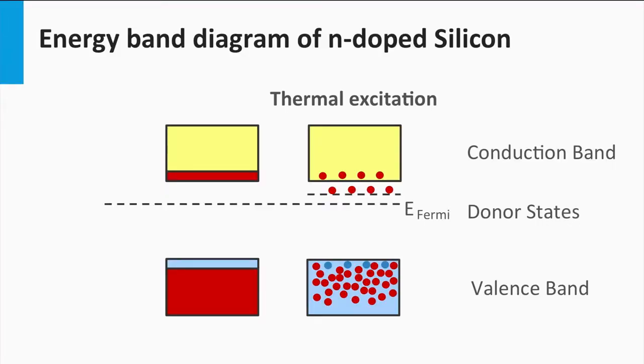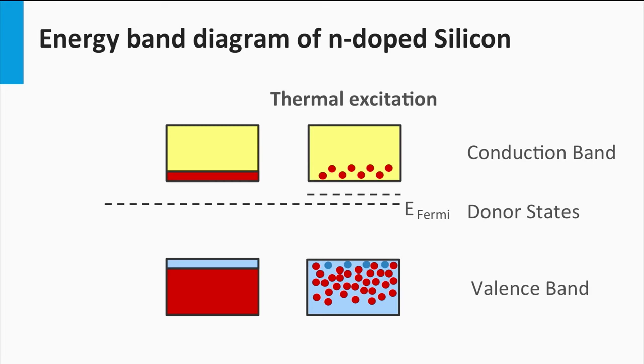This means it requires much less energy for an electron to jump from the donor state to the conduction band than for an electron from the valence band to the conduction band. At typical room temperatures, many to all of the electrons in the donor states can be excited to the conduction band. As a result, we have more free mobile electrons than mobile holes in an N-type semiconductor.